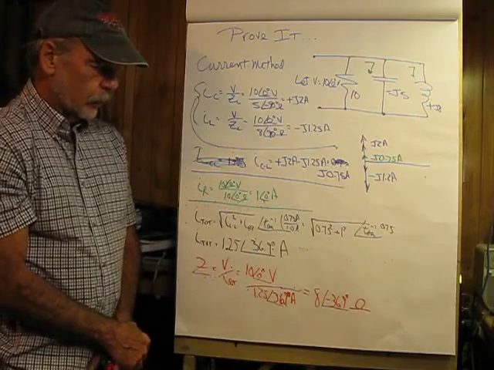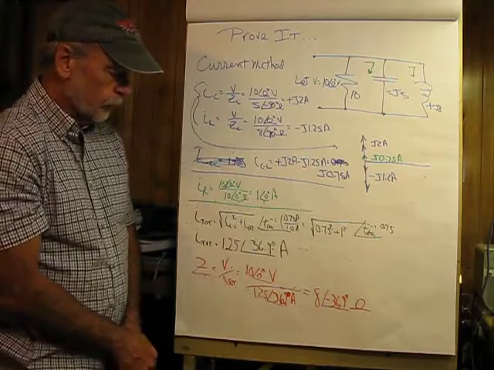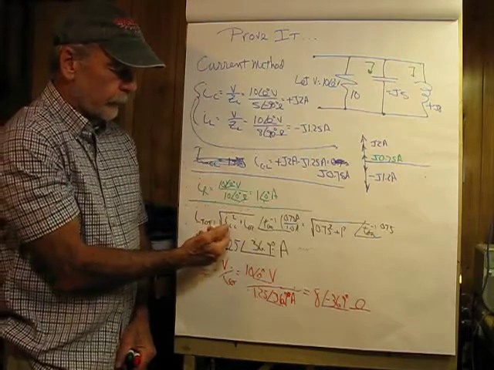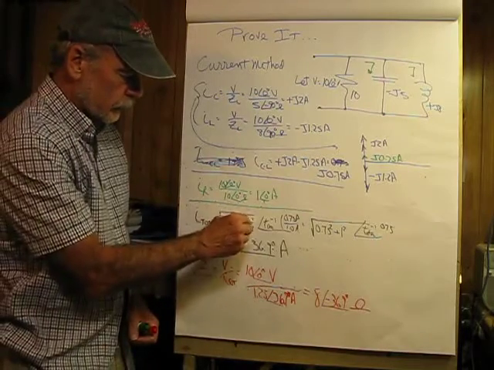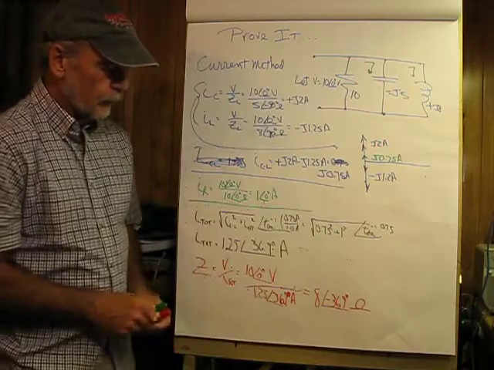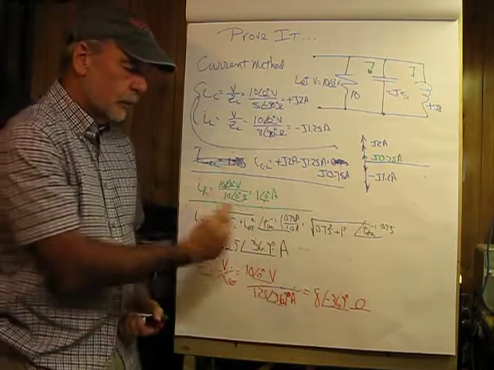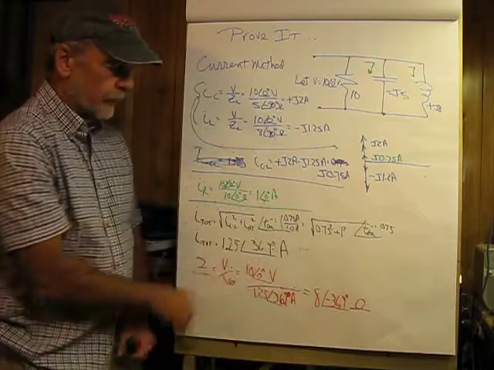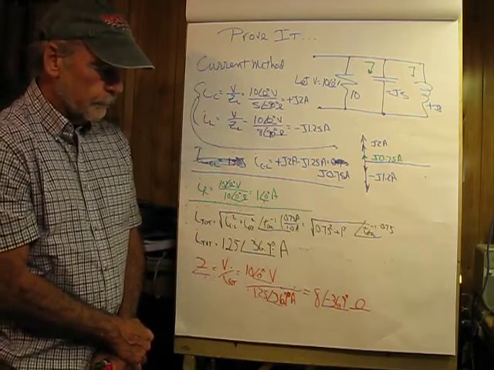So to find the I total here, we know how to do that. Polar form is just going to be the square root of the sum of the squares. There we go. Inverse tan of 0.75 amperes, the net imaginary component, divided by the current flowing through the resistive component, which is 1 ampere.